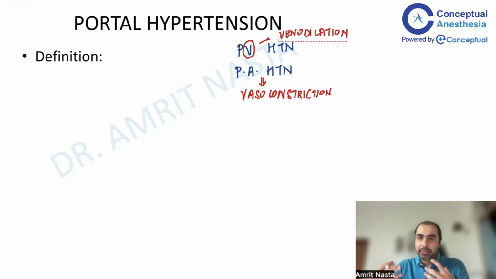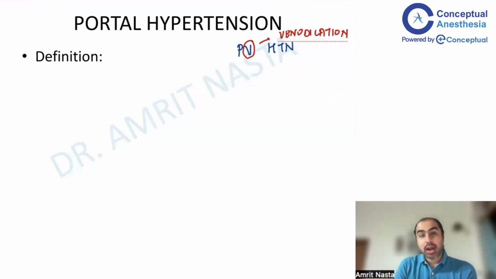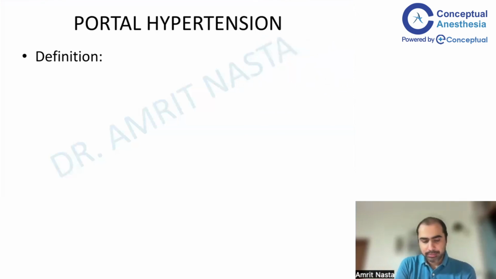The portal vein will dilate, its tributaries will dilate, and once these tributaries dilate to a certain point, you feel they are going to explode, but they don't explode, something else happens in them. That we will discuss when we do the pathophysiology of the disease. But get this message very clearly: in arterial hypertension, the artery undergoes constriction, and in venous hypertension, like portal venous hypertension, the vein is going to dilate.